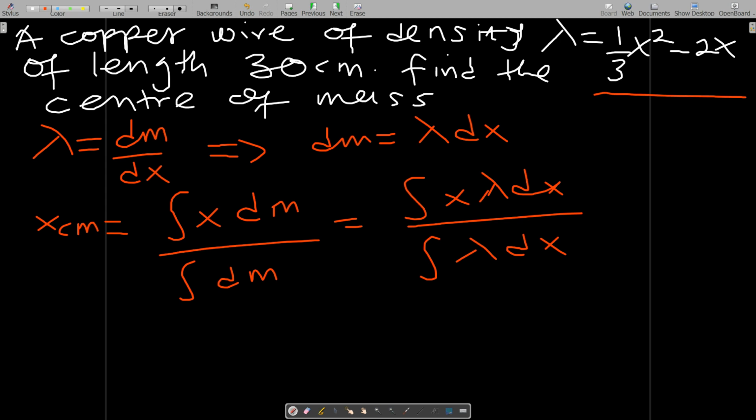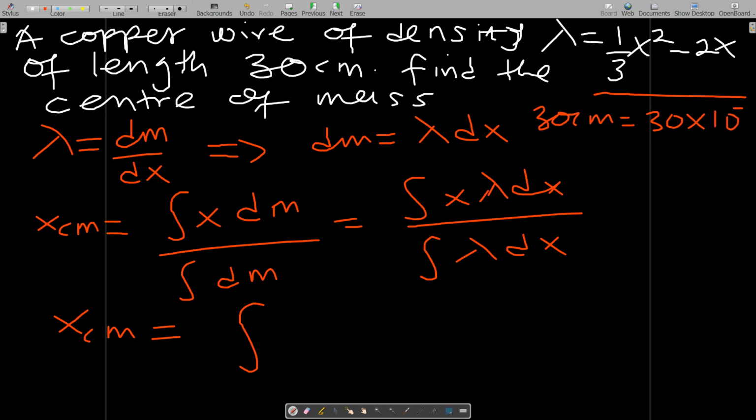So simply our xcm will be equal to the integral. Then what will be the limit? We always say that in one dimension the limit will be from 0 to the total length. But the total length here is 30 centimeters, and 30 centimeters is the same as 30 times the centi, which is 10 to the negative 2.